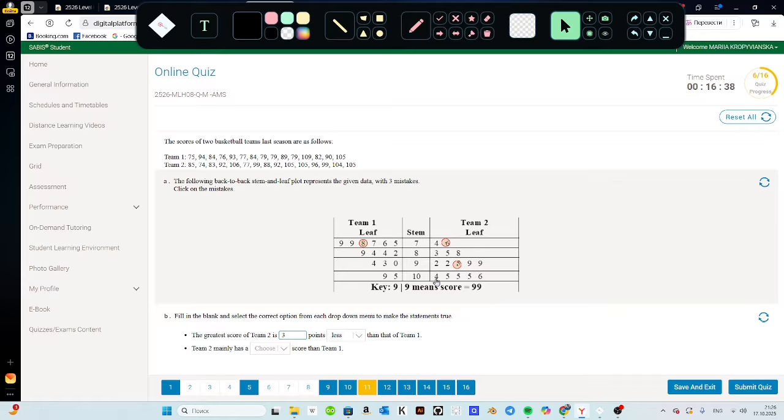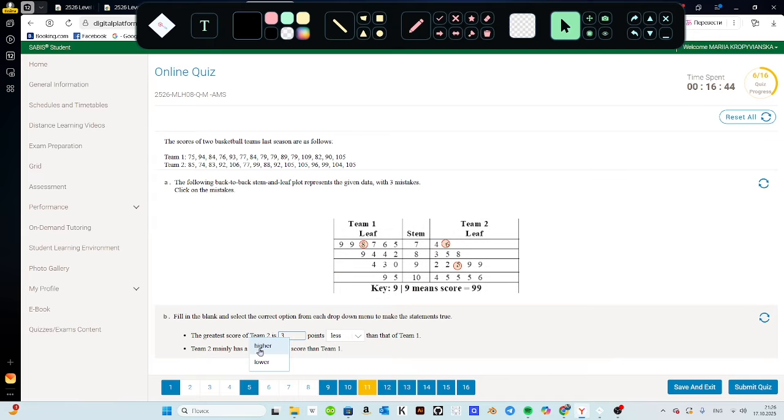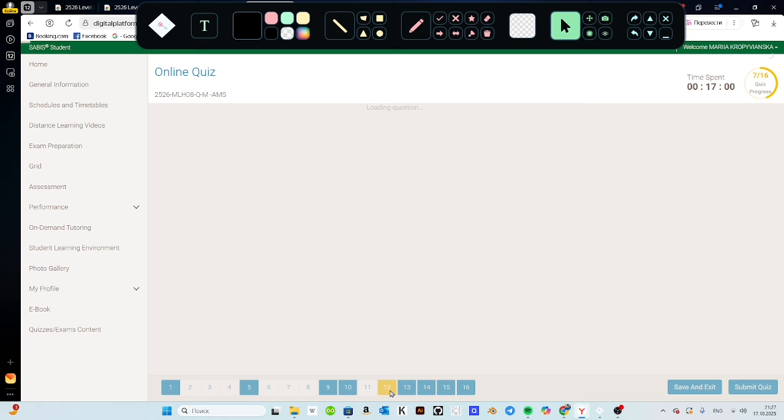But here it is 106. So 9 is greater than 6 by 3, so 3 points less than team 1. But team 2 mainly has higher scores than team 1. So team 1 scored a lot of digits at 70s, although team 2 scored a lot of digits above 90 and above 100.